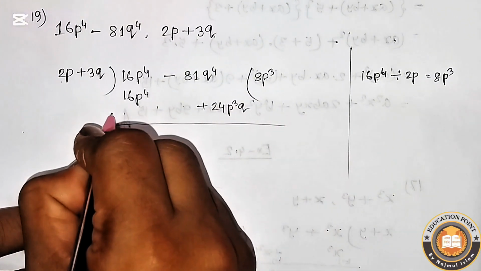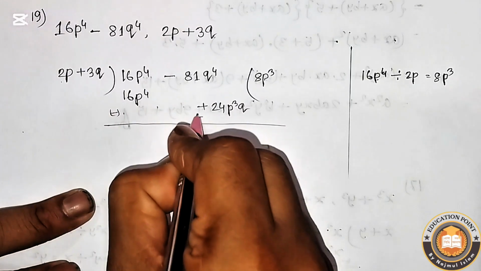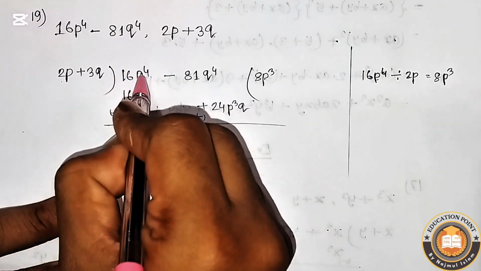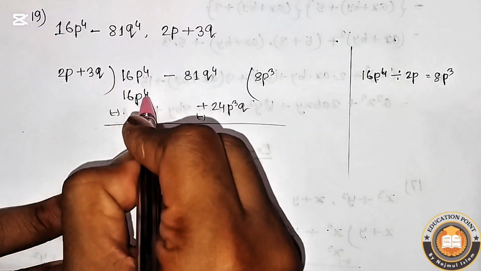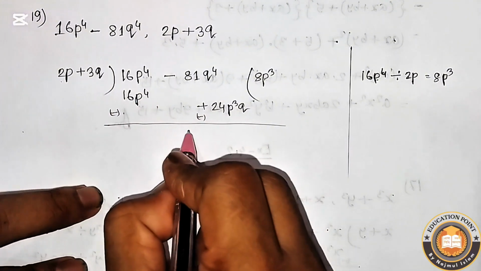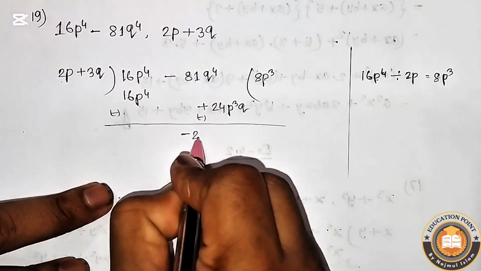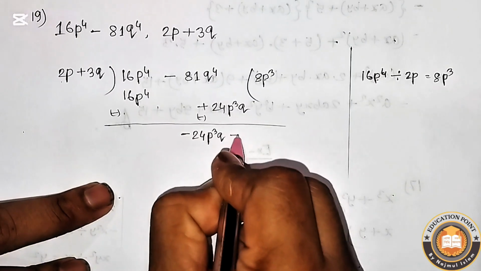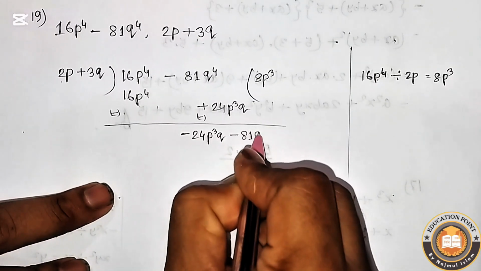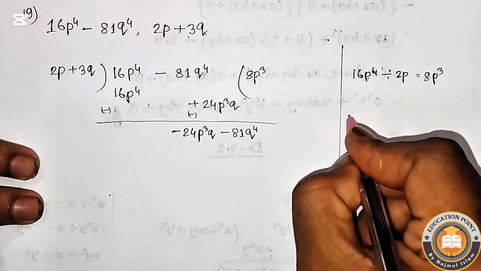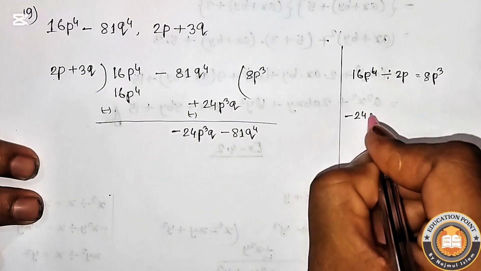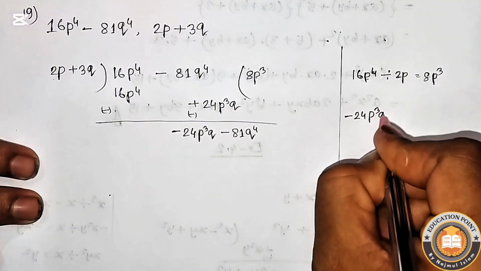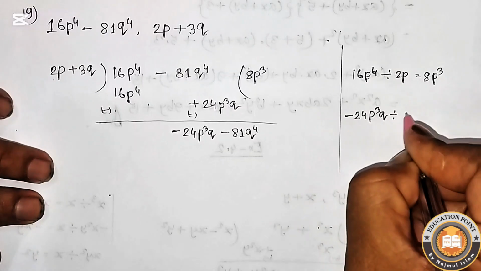According to the division law, their symbol will be changed. Plus 16 p to the power 4 minus 16 p to the power 4 equals 0. Then we can write minus 24 p cube q minus 81 q to the power 4. Now minus 24 p cube q divided by 2p.